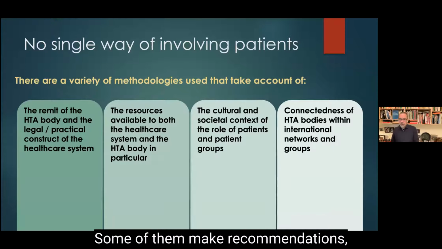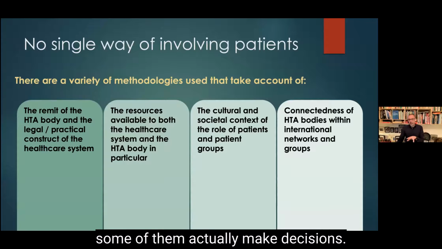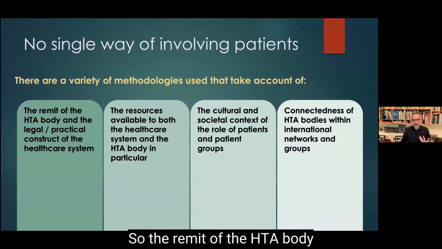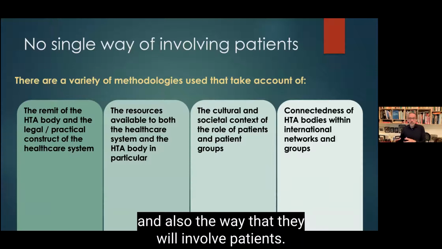Some of them make recommendations. Some of them are just advisory bodies. Some of them actually make decisions. So the remit of the HTA body actually determines, if you like, the processes they will use and also the way that they will involve patients.